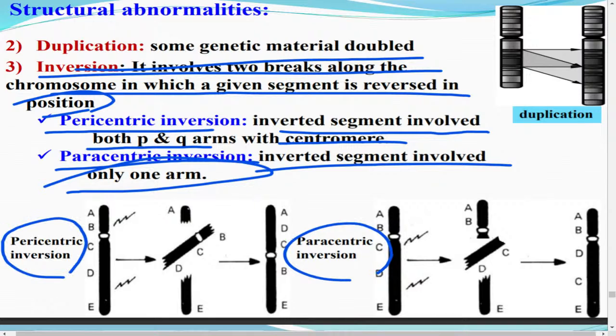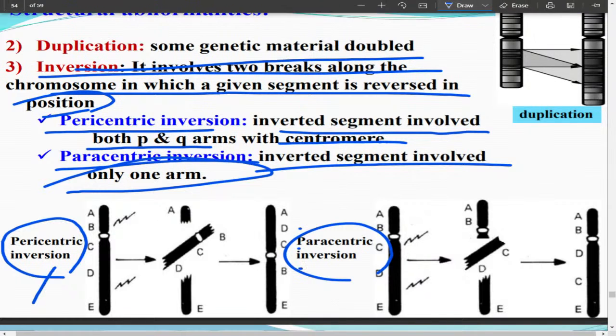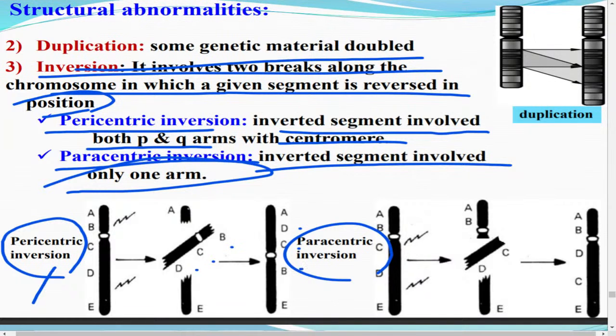pericentric. As we can see in the pericentric, the D changes place here with the C and B. As it was first the D, then C, then B, it becomes first B, then the C stays the same place, and D changes places with B. But in paracentric inversion, we can see only two segments exchange places.